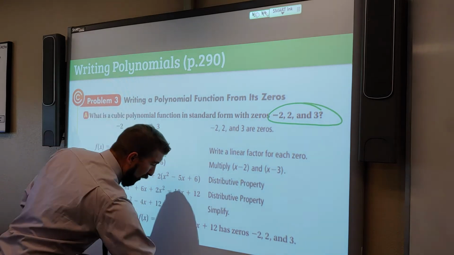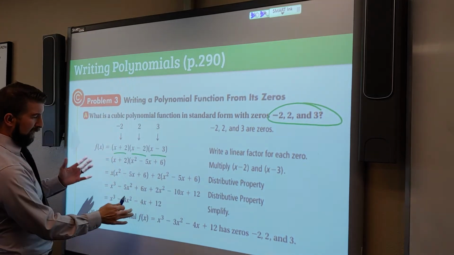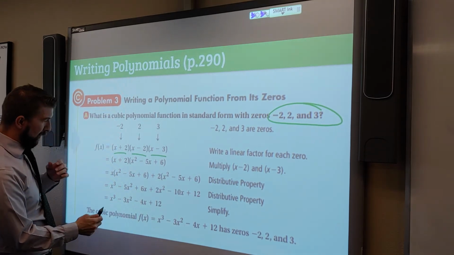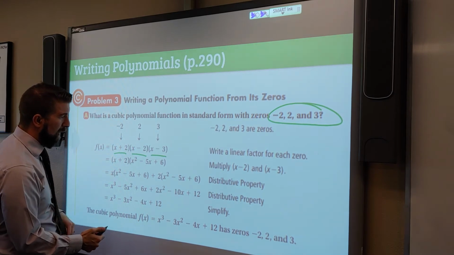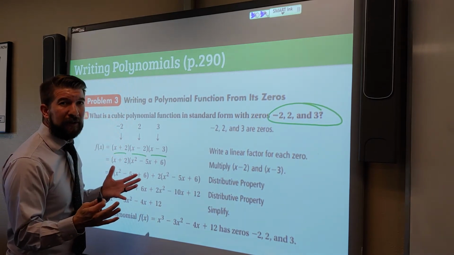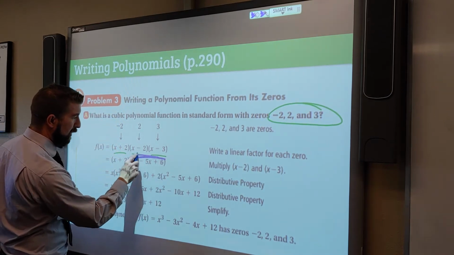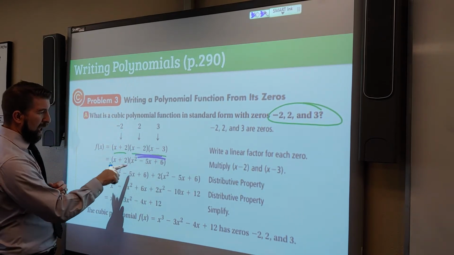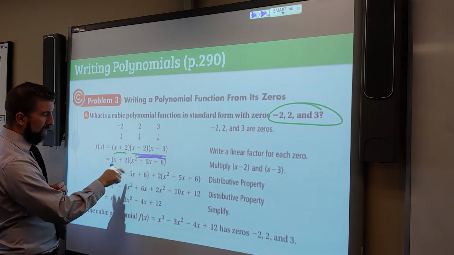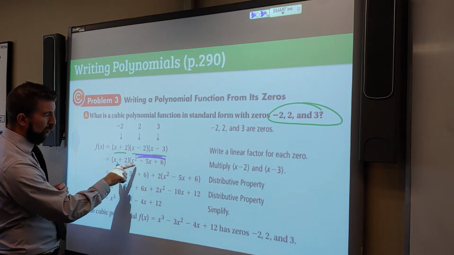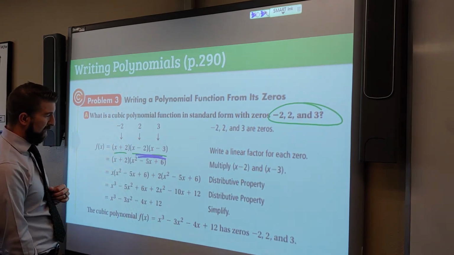And on this one, they make it a little more complex than what I would do, but there's multiple ways to distribute on this, but they work with this set right here. And when they distribute these out, you get x squared minus 5x plus 6.